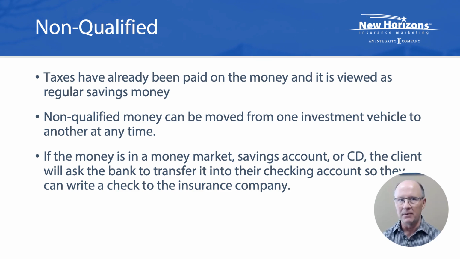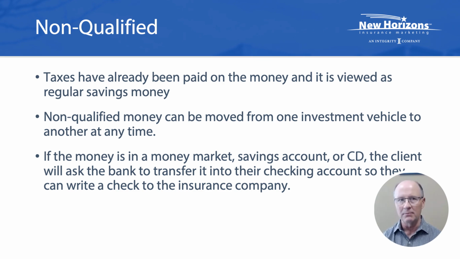Bullet 3, if the money's in a money market, savings account, or CD, we found the best way to do this is for that client to move that money into his checking account and then write a check to insurance company XYZ to put that money into his non-qualified annuity, a MYGA, an FIA, whatever it might be at that time. That's the most common way of doing it on non-qualified money.